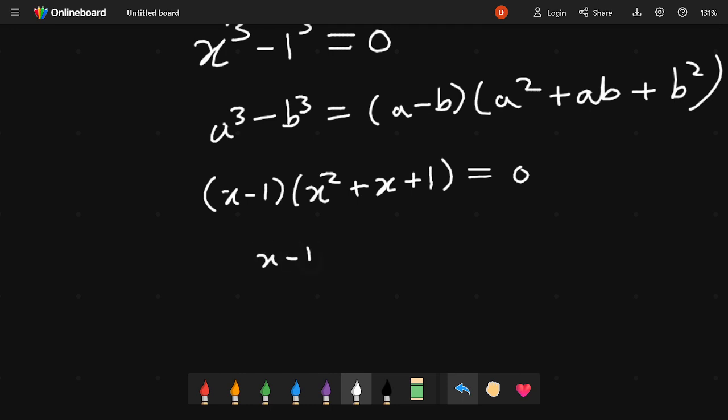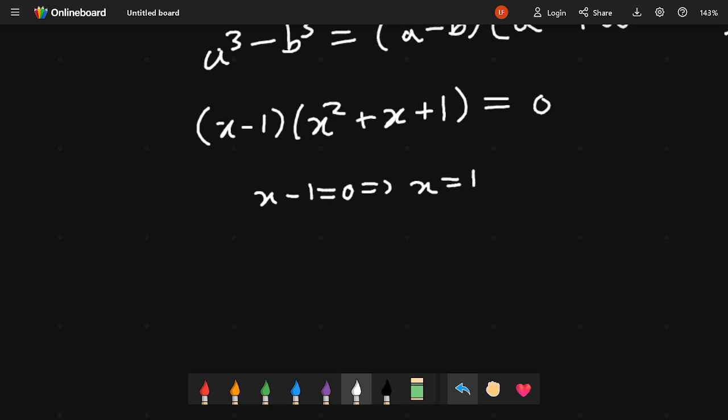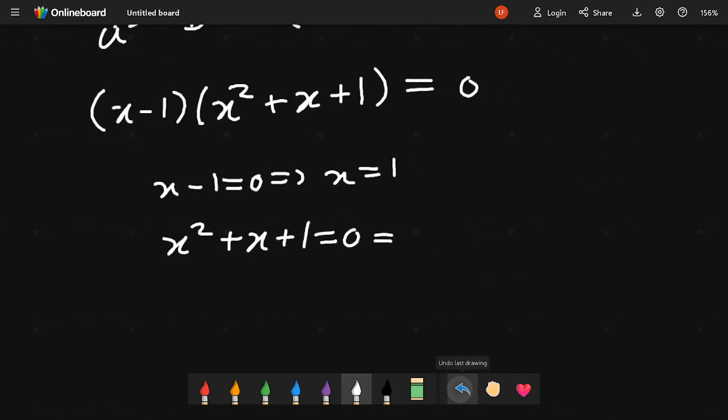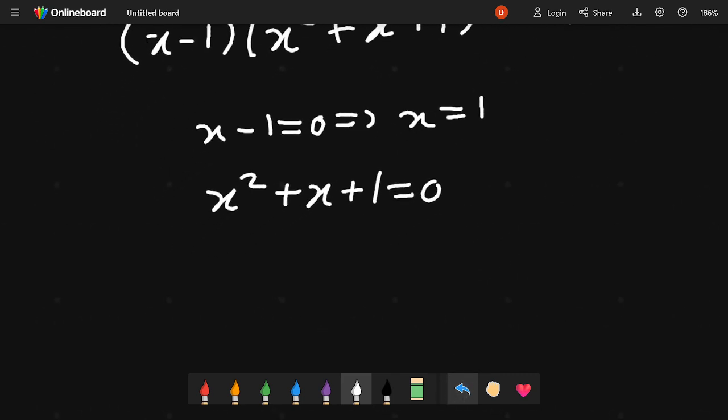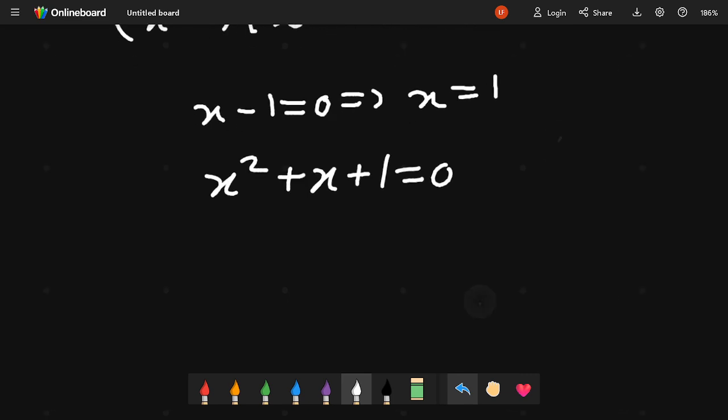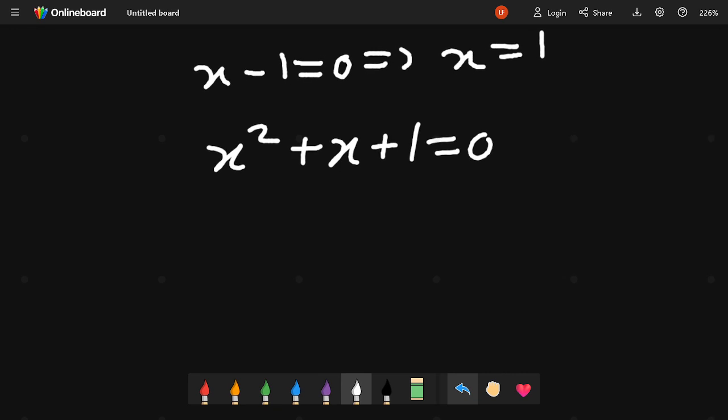When we keep x minus 1 equals 0, we get x equals 1. And then when we keep x squared plus x plus 1 equals 0, you can see that b squared minus 4ac is less than 0, so this equation has no real roots because the discriminant is less than 0.